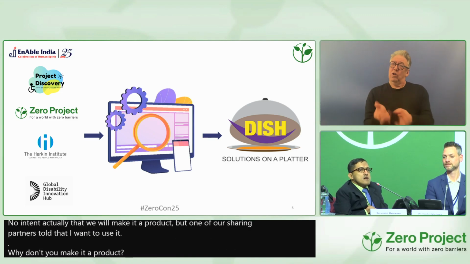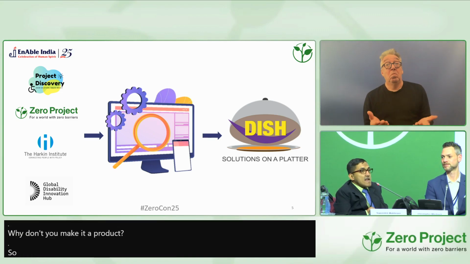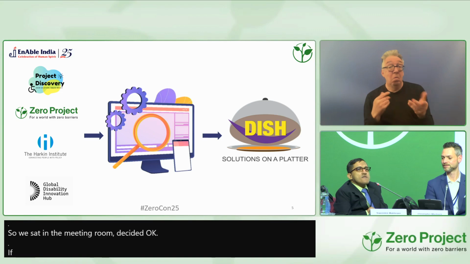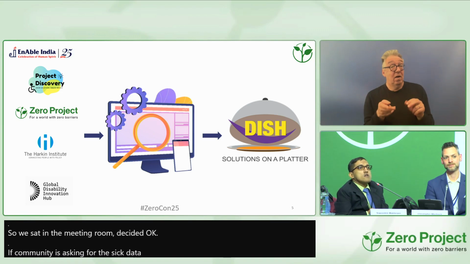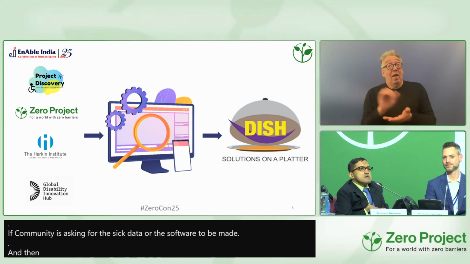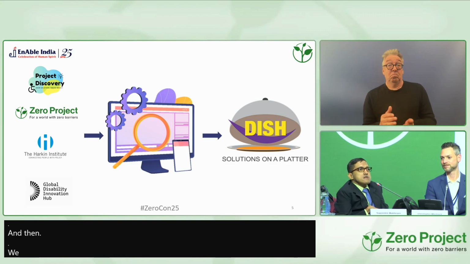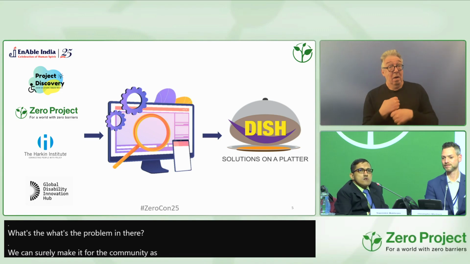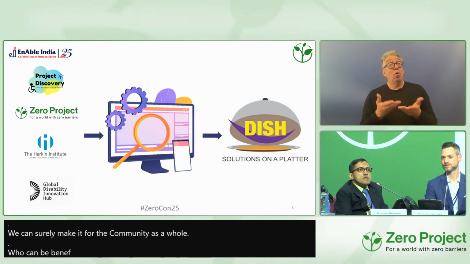So we sat in the meeting room and decided, okay, if the community is asking for the software to be made, and we can make it, what's the problem in there? We can surely make it for the community as a whole, who can benefit from a ready-made product.